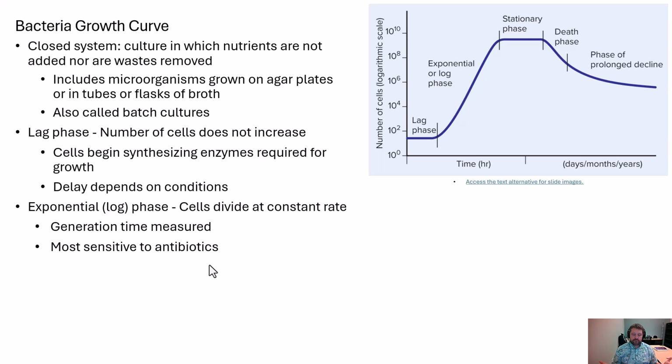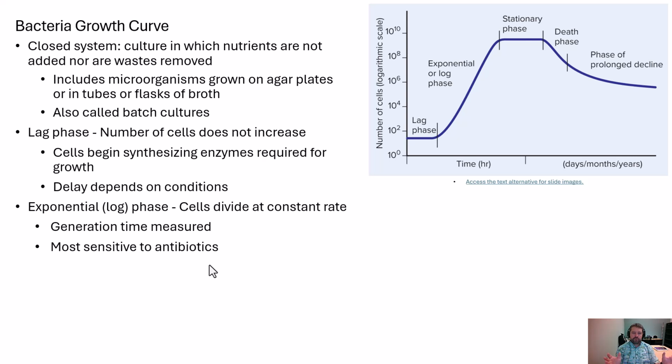Another antibiotic class, like the quinolones, prevents DNA replication. They block DNA gyrase and topoisomerase. I think topoisomerase IV. I think. Don't quote me on that. But they block that.